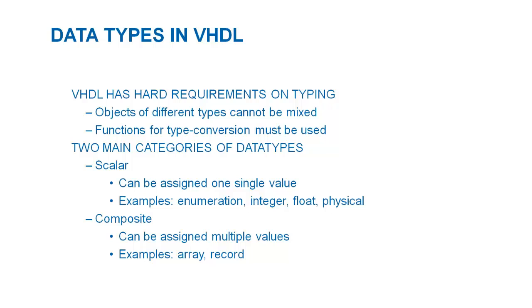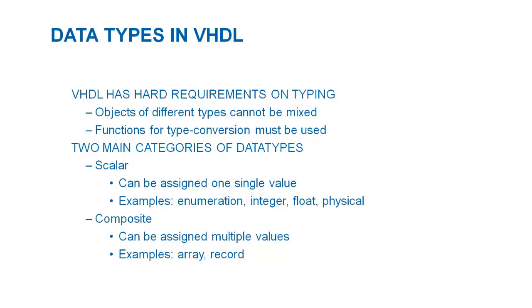So data types in VHDL have very hard requirements, and that means that we need to be very sure that we have all the operators, or another way is that we extend existing data types such that they can easily inherit the available functions and operators.